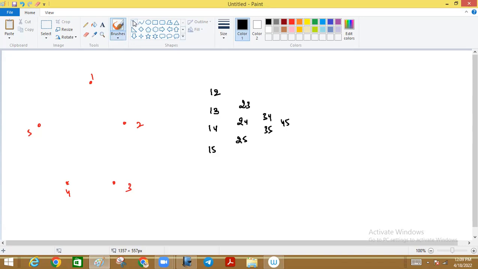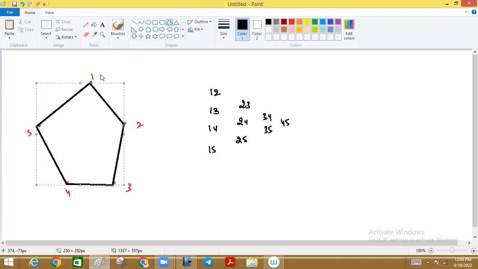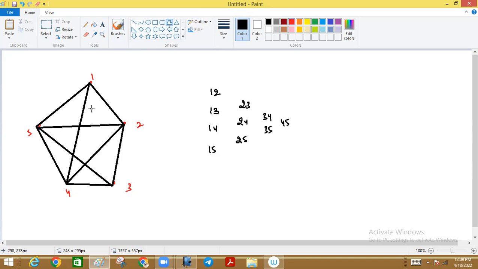Out of this, let me draw all of them. 1, 2, 2, 3, 3, 4, 4, 5, 5, 1. It's not a regular one, but it is a pentagon.